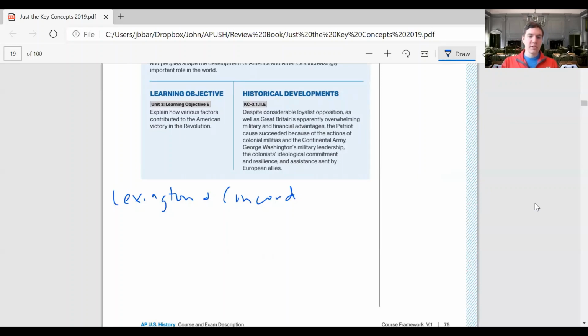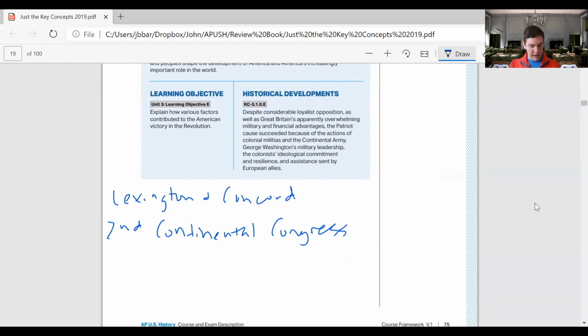As this happens, eventually we're going to have the Second Continental Congress. Okay, and they're going to try to seek their rights still early on in the conflict. Even after Lexington and Concord, they're not talking about independence.